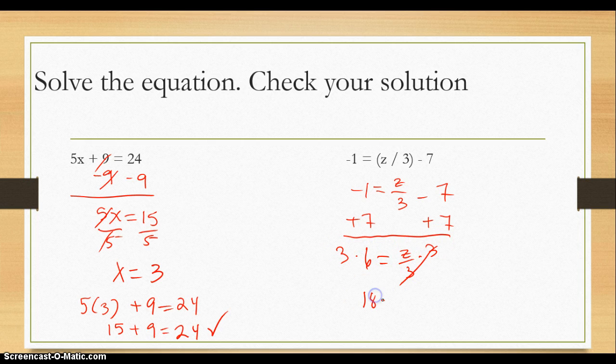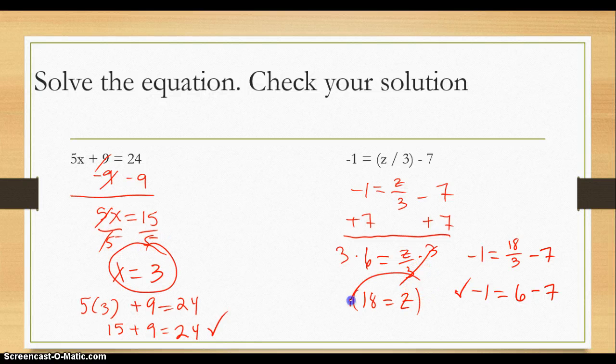So we get 18 equals z. So check our work: -1 equals 18 divided by 3 minus 7. 18 divided by 3 is 6. 6 minus 7 is -1. So that checks out. Very important, while you're solving it, you check your work. Make sure it makes sense. So z equals 18 and x equals 3 here, and both of those answers make sense.